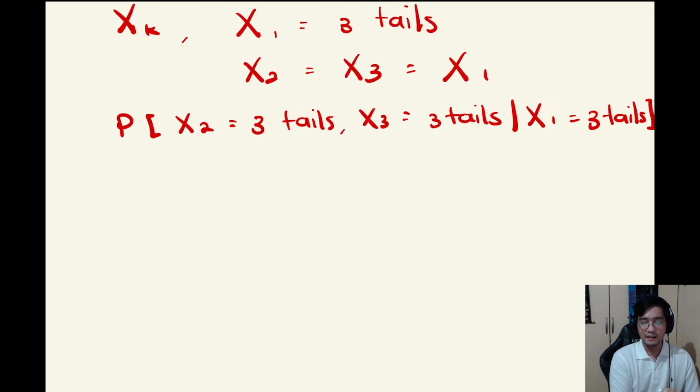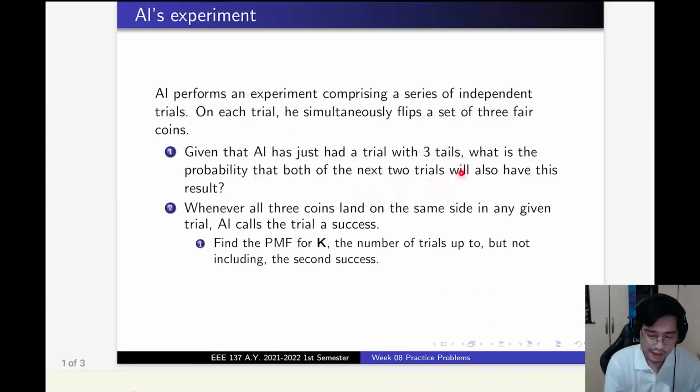Another thing is that there must only be 2 outcomes. We call the Bernoulli trial a success if we obtain 3 tails, otherwise it is a failure. So if the first trial has had a success, what is the probability that the next 2 trials will also have a success?